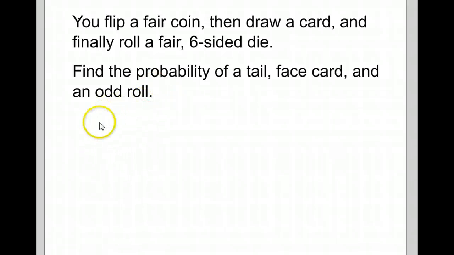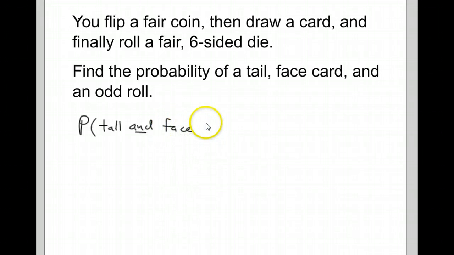That comes down to the probability of a tail and a face card and an odd roll, so it's all about multiplication. As you can see, these things are independent. What happens with my roll on a heads or tails is not going to affect the card, and what happens with the card is not going to affect the die. So these are all three independent events.